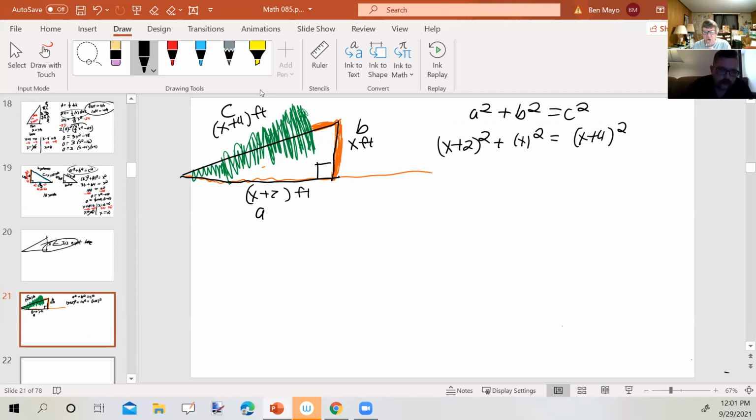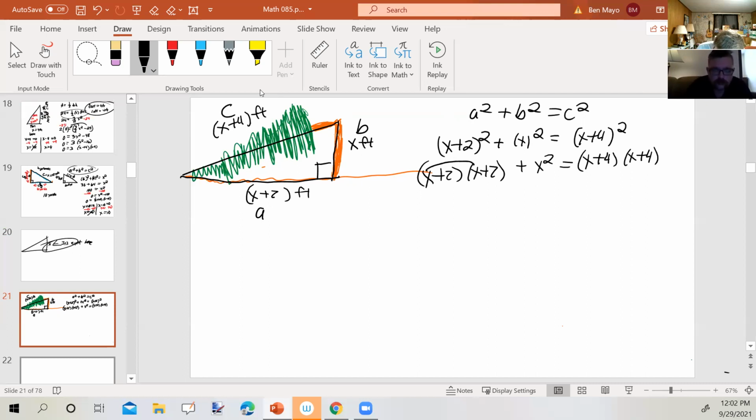Any questions so far? All right. So recall how you expand this situation. X plus 2, the quantity squared would be like X plus 2 times X plus 2, and then plus X squared equals X plus 4 times X plus 4. Okay.